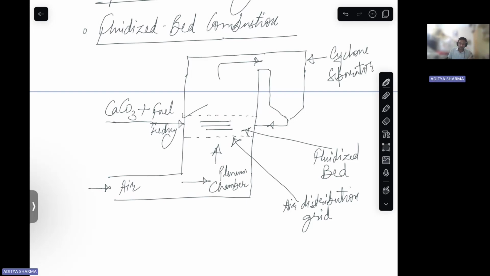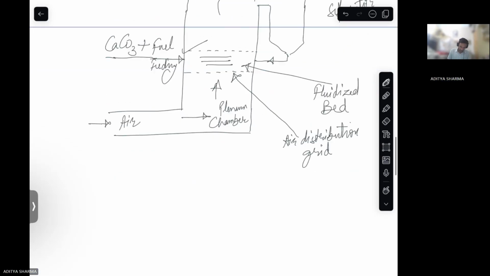And then the velocity required for fluidization, how we can calculate that. This has been discussed, and the expression for it has also been given in your lecture contents.